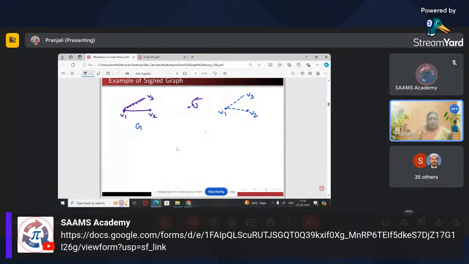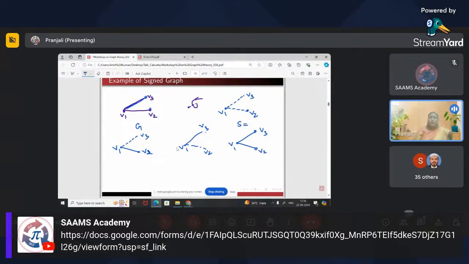Suppose this is a graph, G, consisting of three vertices, and now I'm constructing a sign graph. Here both edges are negative. It might be possible that one edge is positive and one edge is negative. This is also possible. It is also possible that all the edges are positive.